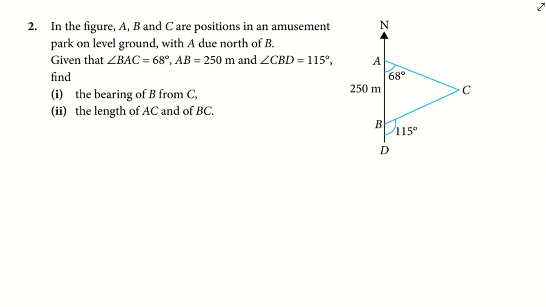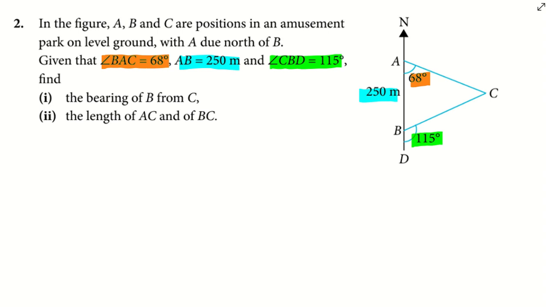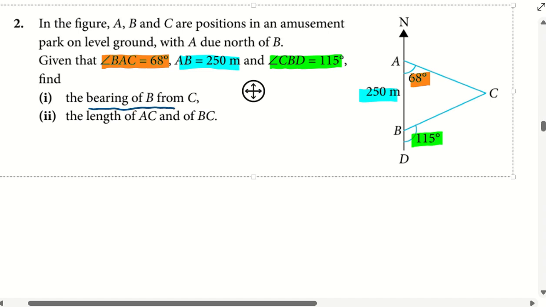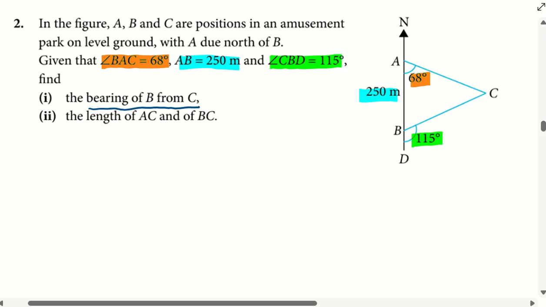Read the question carefully and make sure you digest all the important information into the triangle and make full use of it. All the important information is given in the triangle. In part 1, our job is to find the bearing of B from C. Recall, it's very important, if you want to find the bearing of B from C, there must be a north line from C. Since there's no north line, I'm going to draw my north line now.